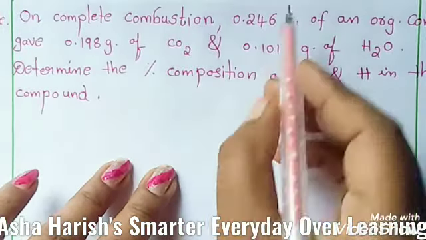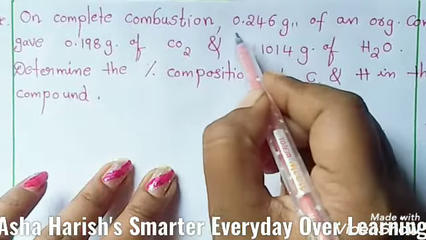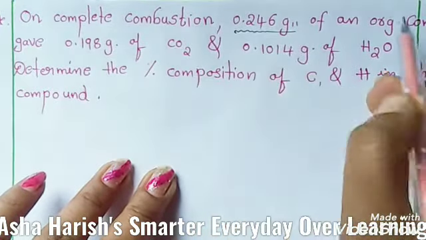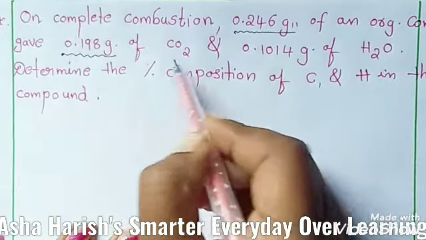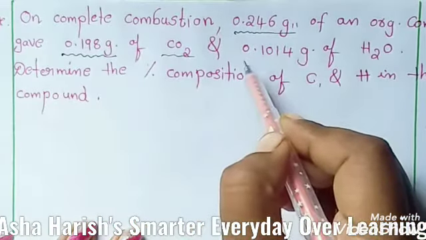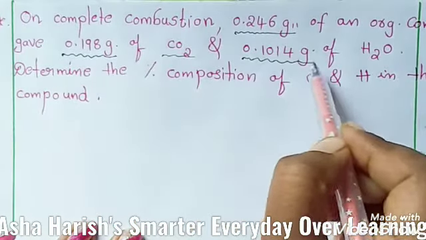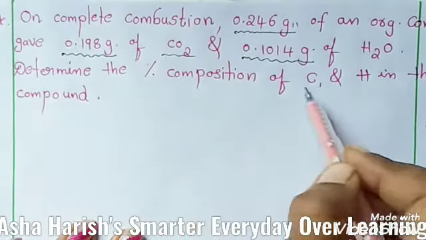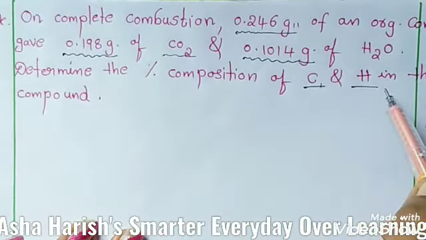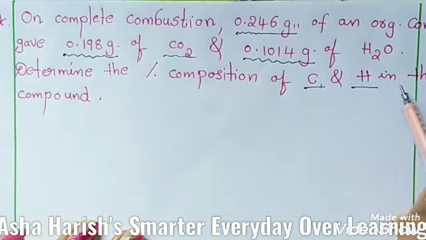On complete combustion, 0.246 grams of an organic compound gave 0.198 grams of carbon dioxide and 0.1014 grams of water. Determine the percentage composition of carbon and hydrogen in the compound. Okay, this is the question.